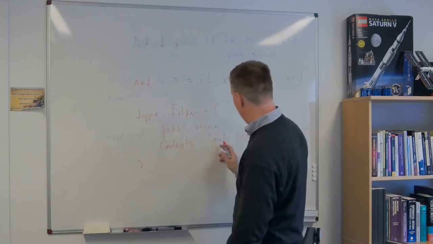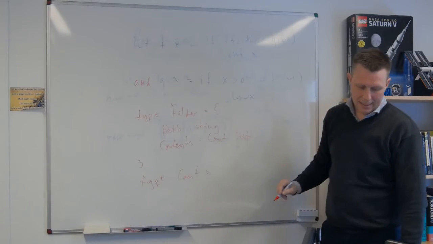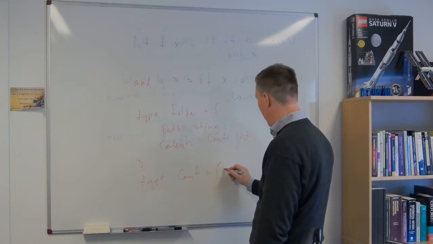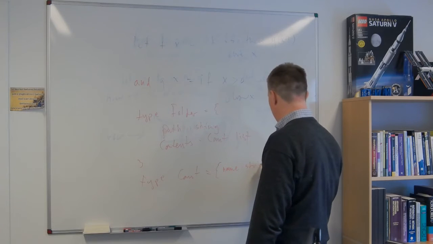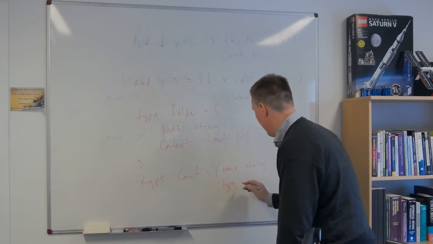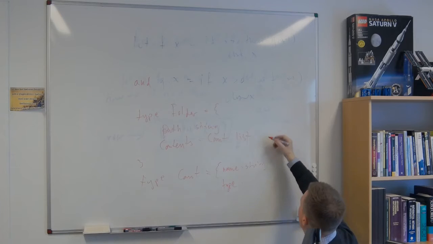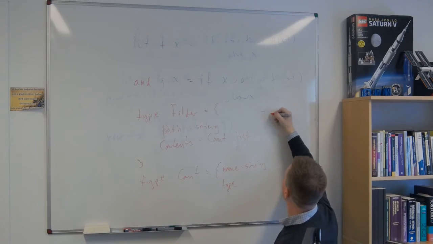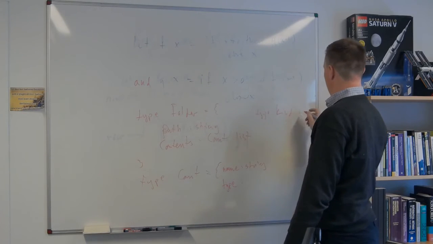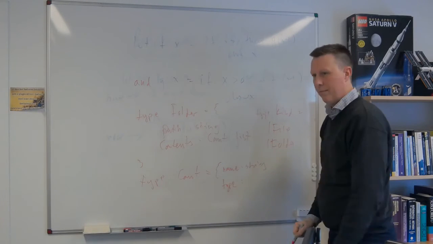And then type cont here is a record type with a name, which is a string, and then it has a type, which would be either, I need an extra type here, we just call it kind, which is either a file or a folder, right?